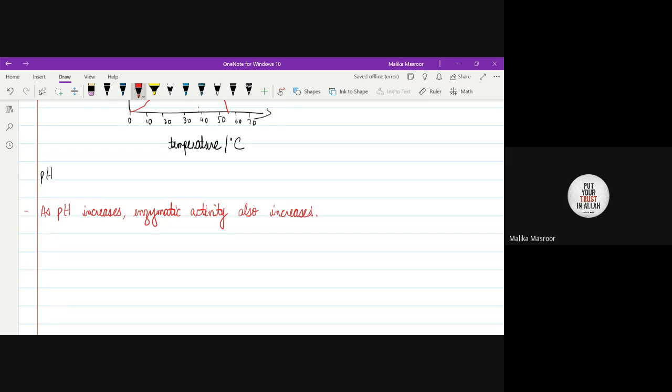Maximum activity is shown at the optimum pH. Now in this case, you have no kinetic energy or something like that.